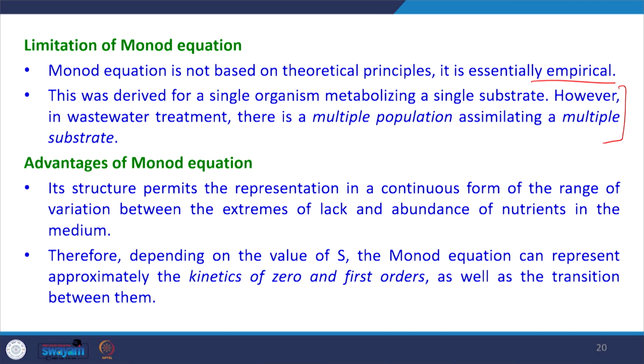Now, the advantage is that the Monod equation structure permits the representation of a continuous form of the range of variation between extremes of lack and abundance of nutrients in the medium. So, we can easily establish that, and therefore, depending upon the value of S in terms of BOD or COD, the Monod equation can represent approximately the kinetics of zero and first order as well as the transition between them.